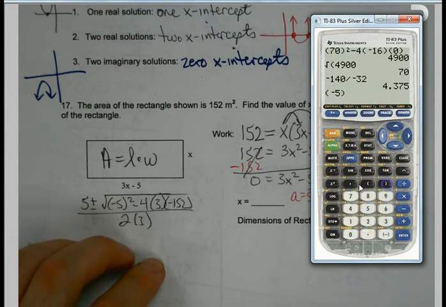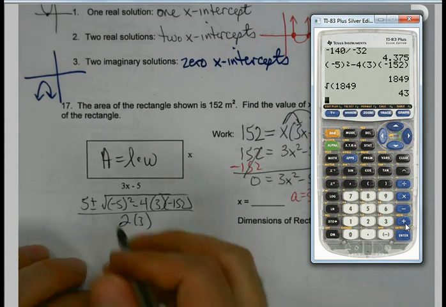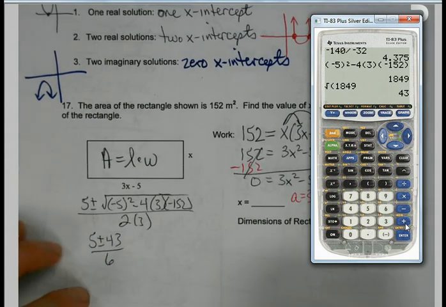Get this typed in. Okay, get that big old number and take the square root of it. Okay, came out nice. So I have 5 plus or minus 43 over 6.